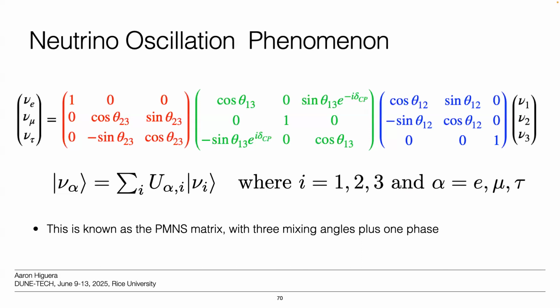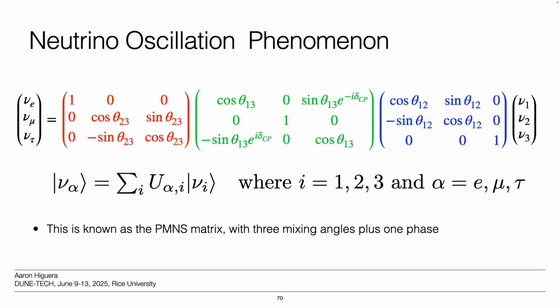This is known as the PMNS matrix, and also as the 3 mixing parameters for the neutrino oscillation phenomenon. It's called mixing angles because something similar happens to quarks, which we refer to as mixing. That's why it's also referred to as the mixing matrix or mixing angles. But in principle, these are just oscillation parameters, right?